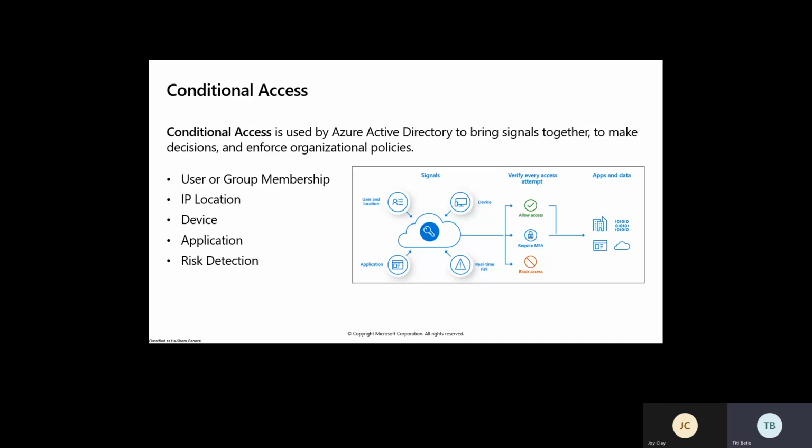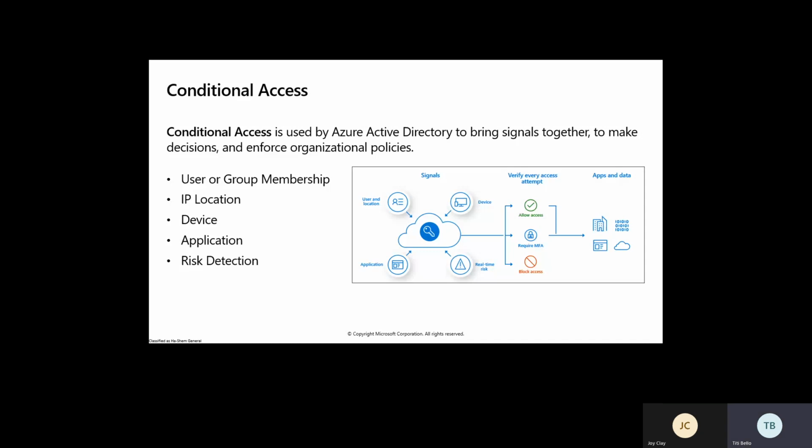But the moment a user leaves the company's office building to go to their own house, or even while they're in the office building they are using their dongle or mobile data to access these services, then ask them to provide the second level of authentication, their multi-factor authentication.